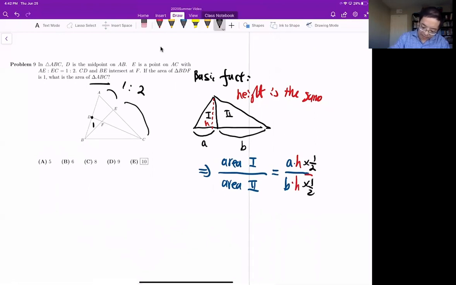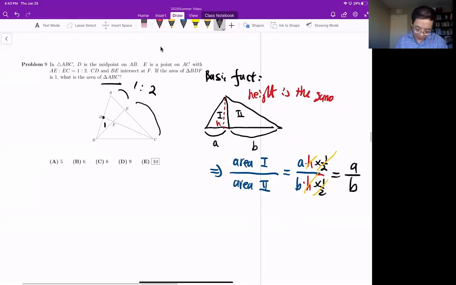Then we have some cancellation: the 1/2 cancels, h cancels with h, and what is left is A over B. So if two triangles share the same height, the ratio between the areas is just the ratio between their bases. This is a very simple fact, but it's quite useful if you use it in the right and proper way.